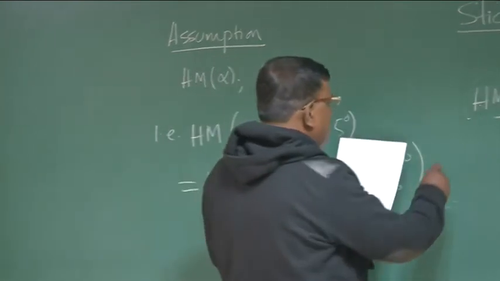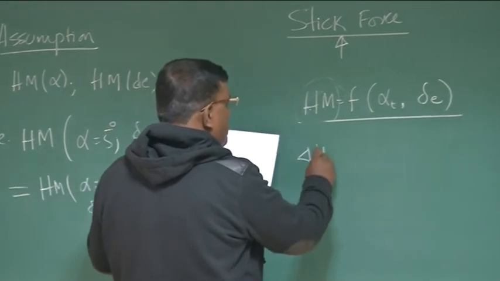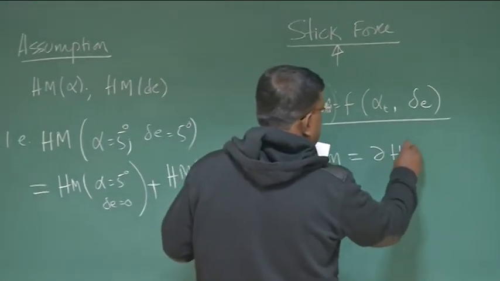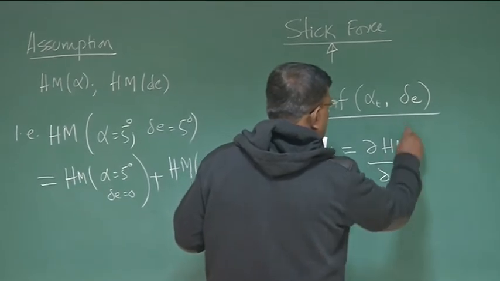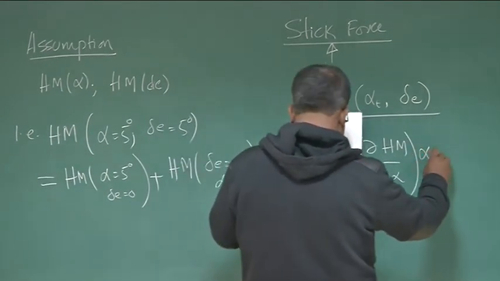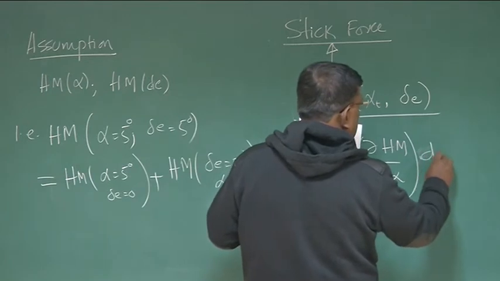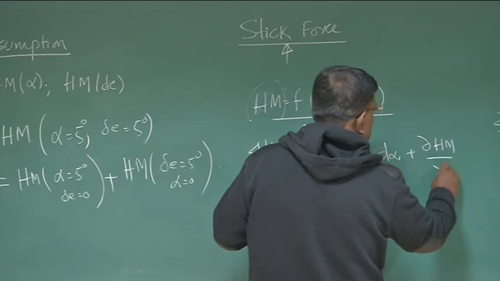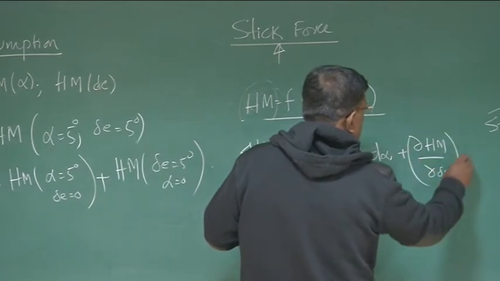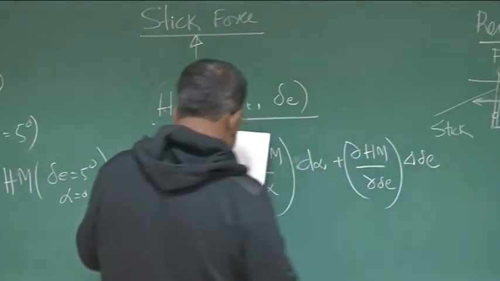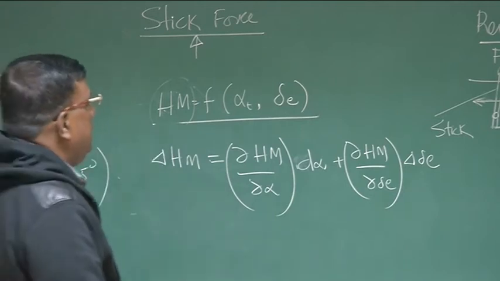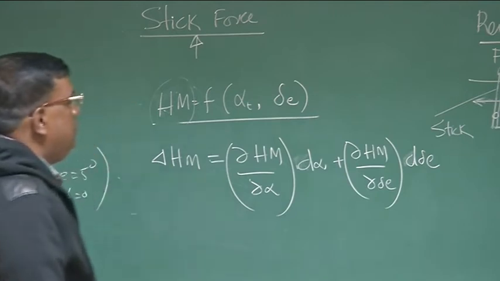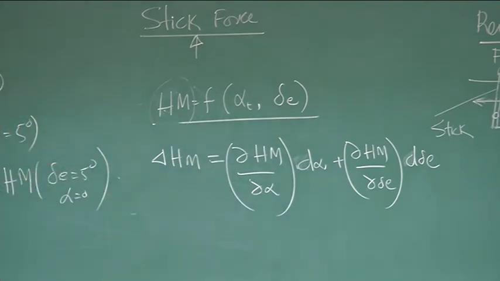If this is understood, then you are smart enough, you know whenever there is an assumption that things are linear, then I can write delta Hm as dHm by d alpha into d alpha plus dHm by d delta E into d delta E. Mathematicians will not allow me to write so casually.